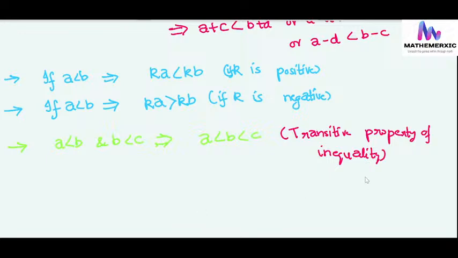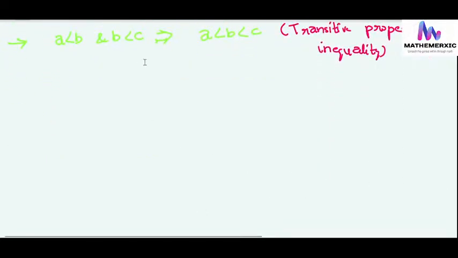Let us go further. If A is less than or equal to B and B is less than or equal to C, so this will follow, obviously. That's correct. There is no confusion in this.